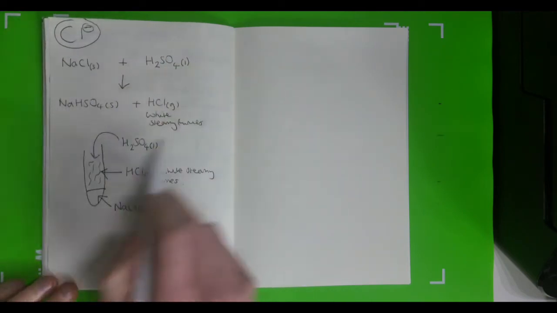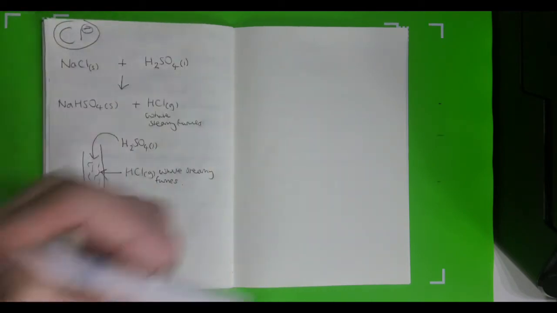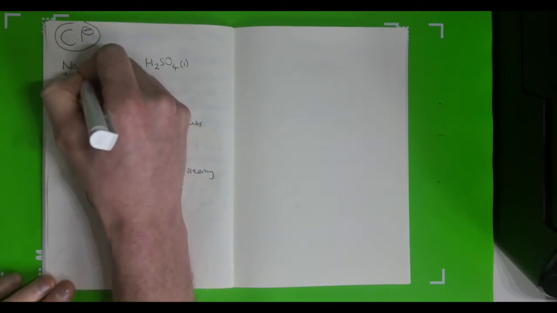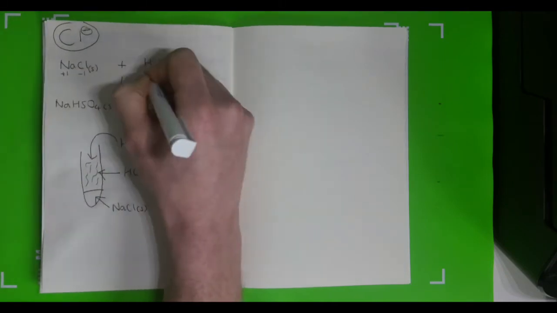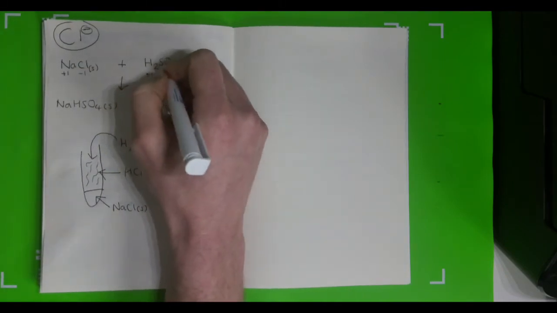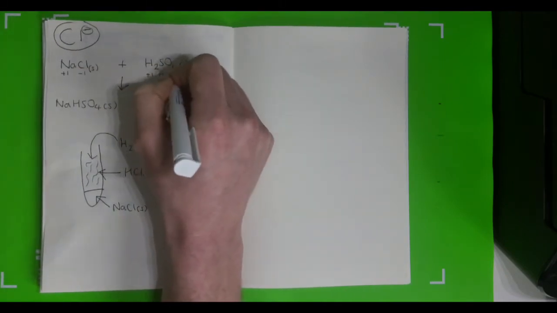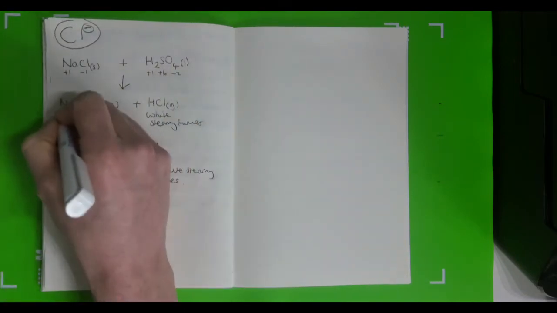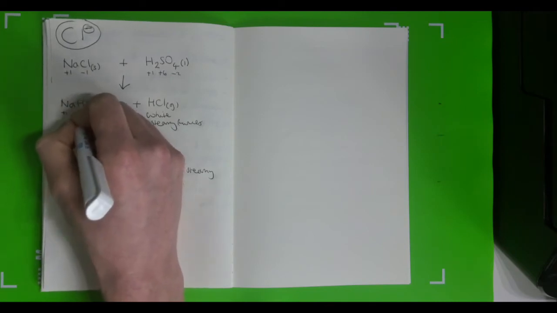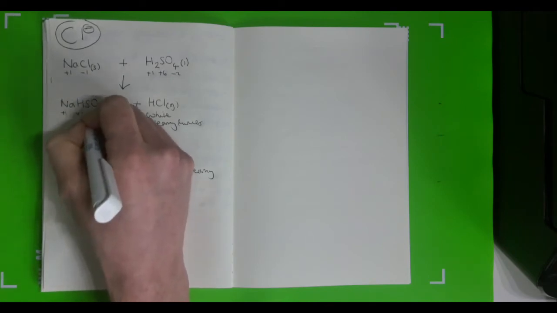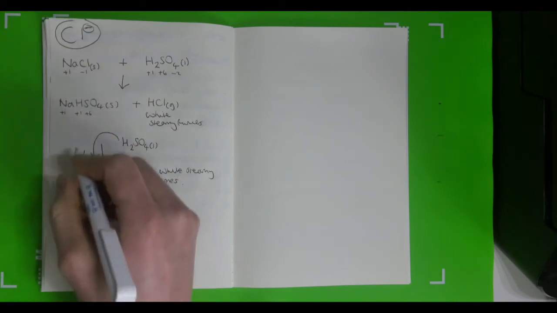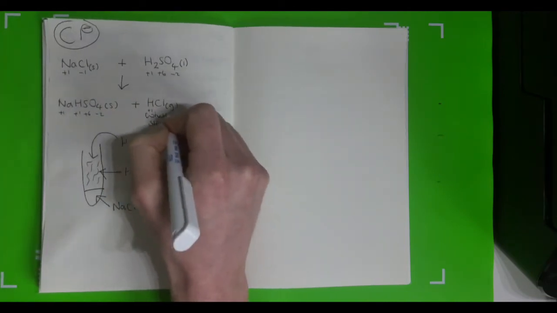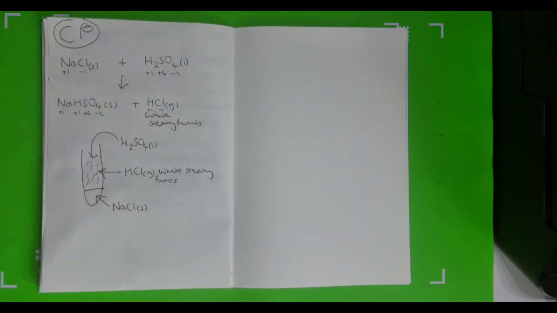Let's work out the oxidation state of all these elements. So if you know topic 7, you'd know these. That's +1, -1, +1 on the hydrogen, sulfur's +6, and oxygen is -2. Sodium is +1, hydrogen's +1, sulfur works out to be +6 again here, oxygen is -2, hydrogen is +1, chlorine is -1.